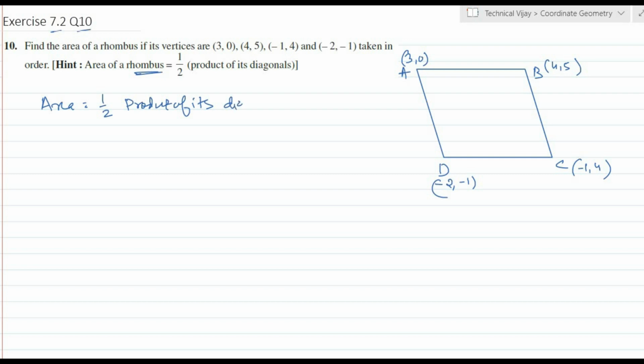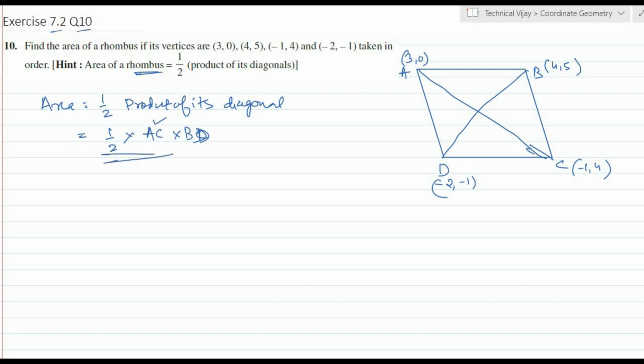So what are its diagonals? The diagonals are AC and BD.